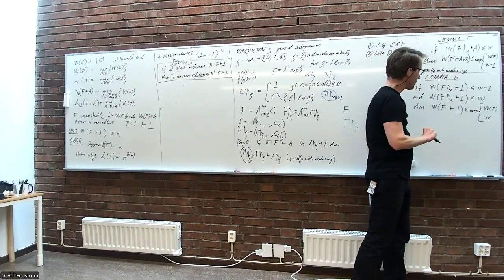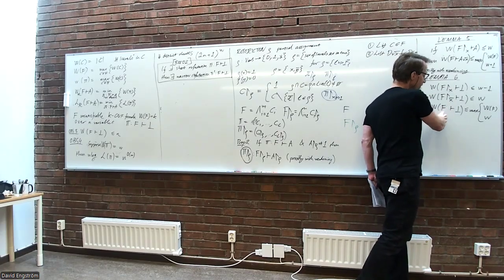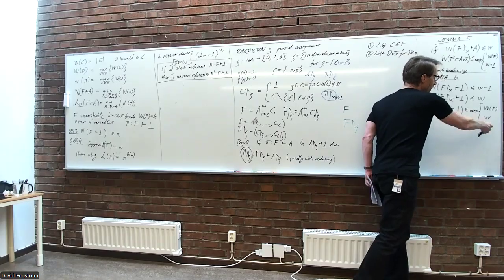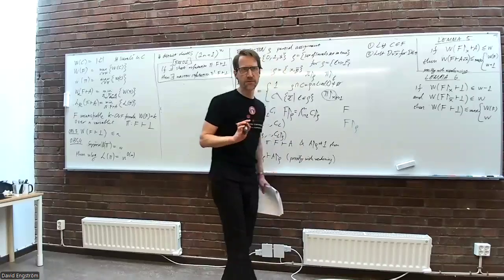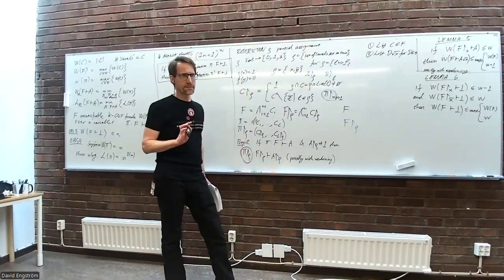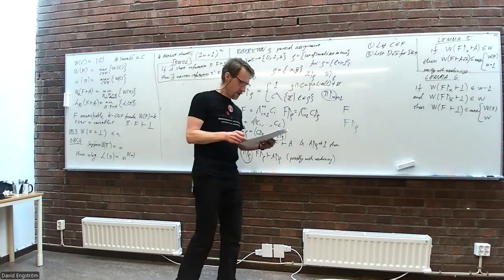Then that is enough to show that F itself can be refuted in width W. We can ignore W of F, it's not going to play any important role. Okay?